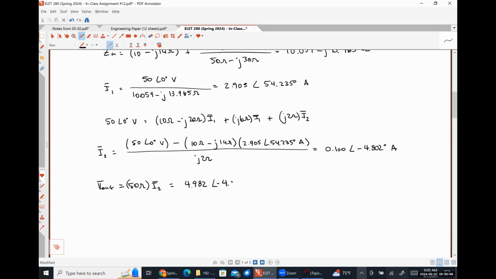Angle negative 4.802 degrees volts. And from this, our time domain voltage V out of T would be 4.982 cosine 2000 T minus 4.802 degrees volts. Oops, volts should go on the outside there.